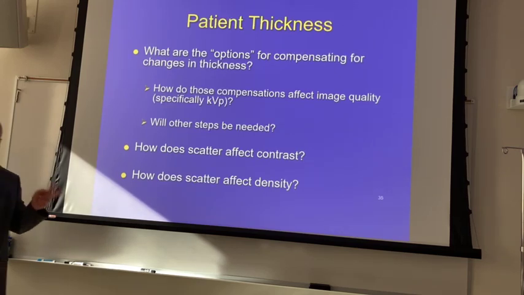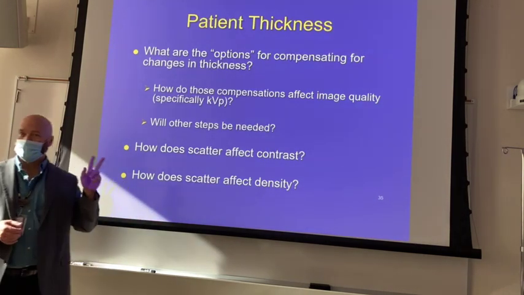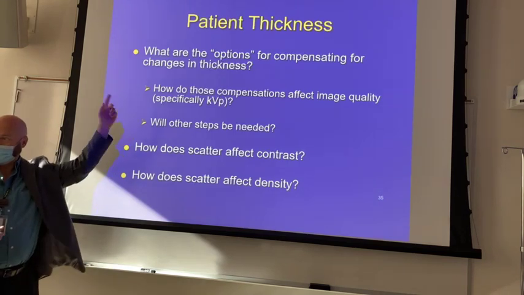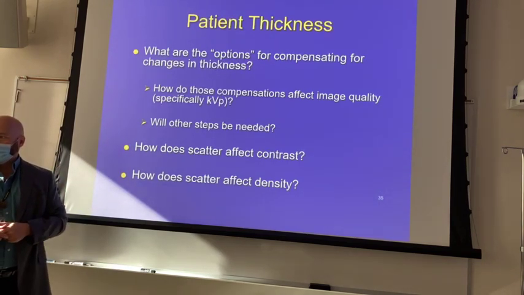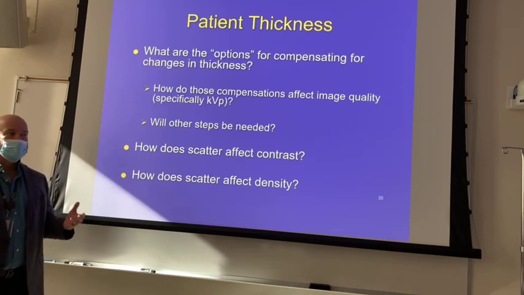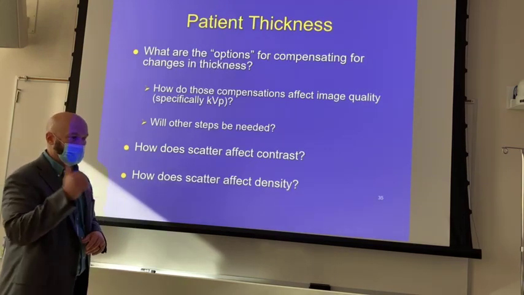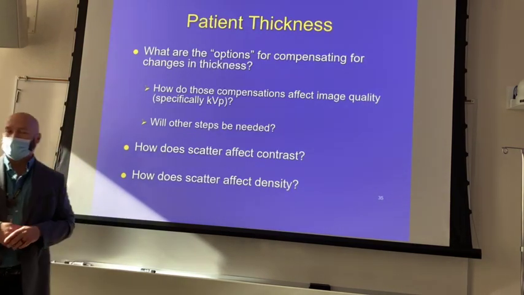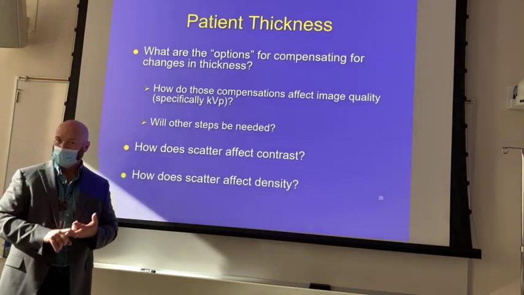So we said that there's two different ways to deal with scatter. One was pre-patient. kVp selection is one of those. And the other was post-patient. Well, what are our options to clean up scatter radiation after it goes through the patient? Grid use, right. What are your two rules for grid use? Right, it has to be so thick, and the kVp has to be a certain level.